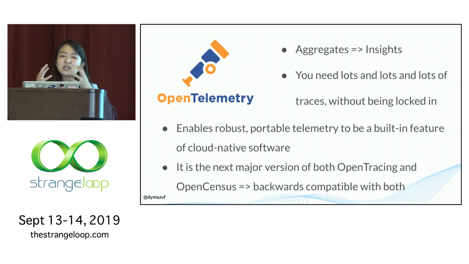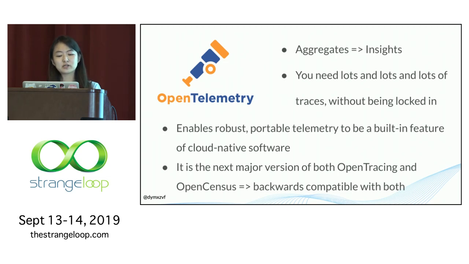In order to get any kind of insight, you need at least, I think, thousands of traces. So in order to get aggregates, you need a lot of traces. In order to have a lot of traces, you need to figure out how to get those out of your system: instrumentation, integration with existing libraries that have them. And you probably don't want to be locked into a given vendor. So open source is good. That's why I'm excited about it.